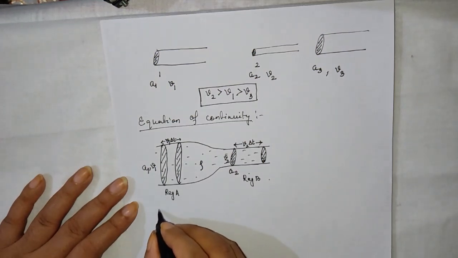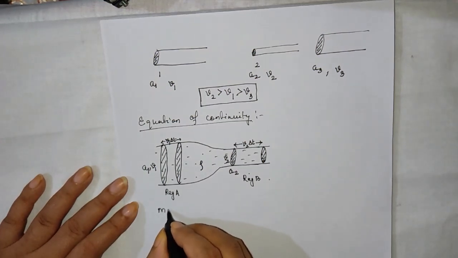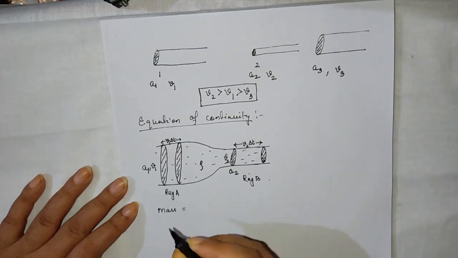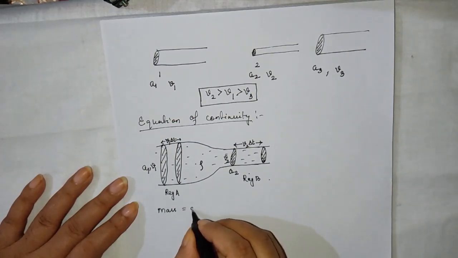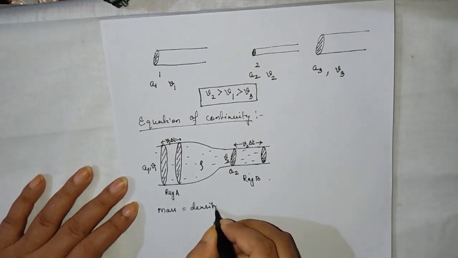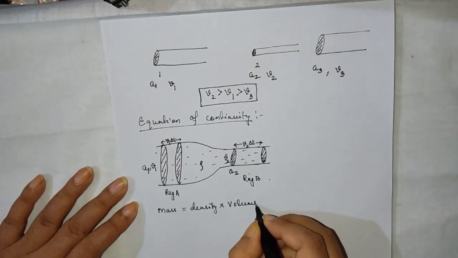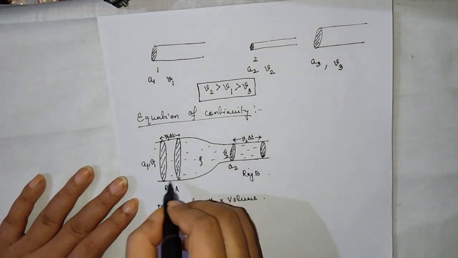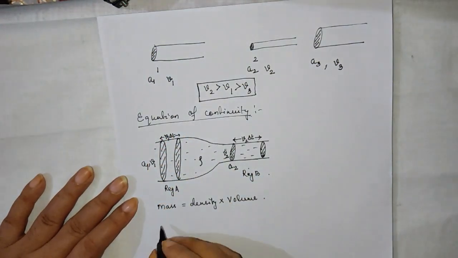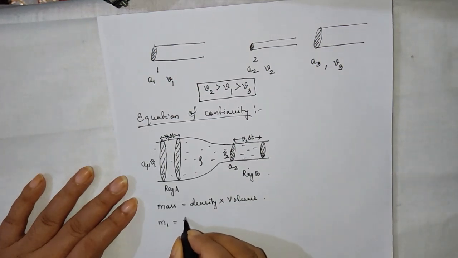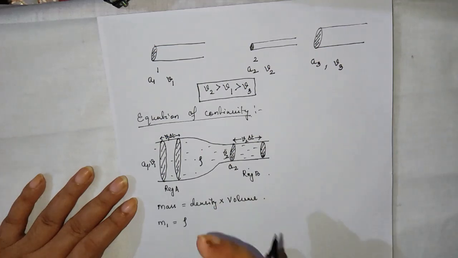The mass of water, if I am going to calculate, what is my mass? Mass is nothing but density multiplied by volume. So for region A, the mass M1 is the density of the water flowing, which is rho, times the volume. How do we calculate the volume?